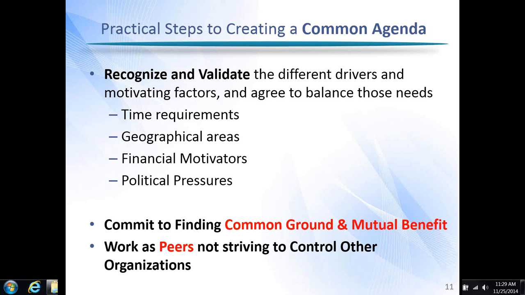They're not there to become the big controller of all things, but rather their role in providing backbone support, if it is a separate organization, is to help others be more successful. And most of the authority should come from a steering committee where people are working as peers.